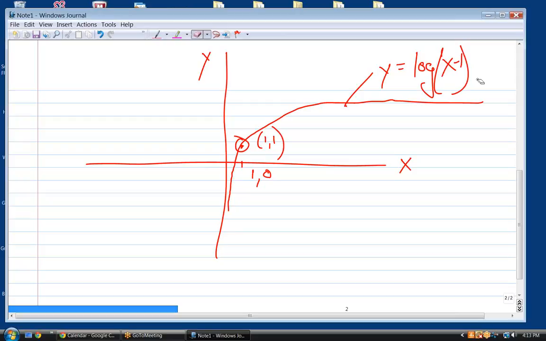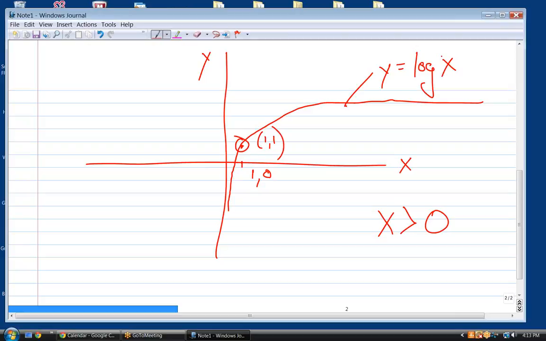And of course, notice something significant about logs here. That is that x, the domain of this function, has to be greater than 0. Not even 0. You cannot take the log of 0. You can only take the log of positive numbers.